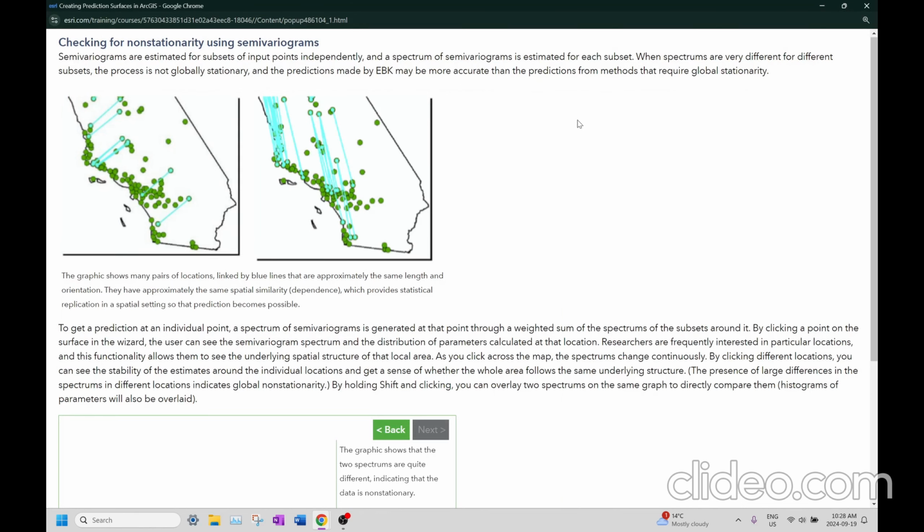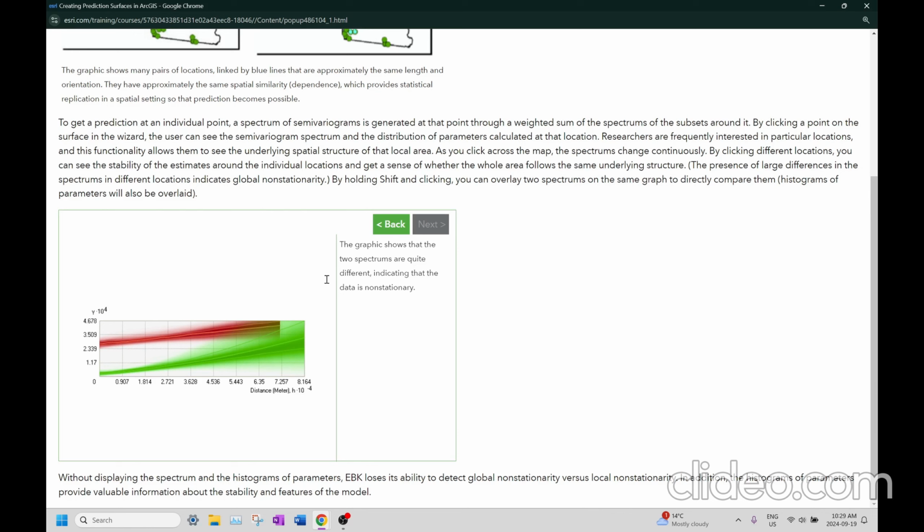By clicking different locations, you can see the stability of the estimates around the individual location and get a sense of whether the whole area follows the same underlying structure. The presence of large differences in spectrum in different locations indicates global non-stationarity.